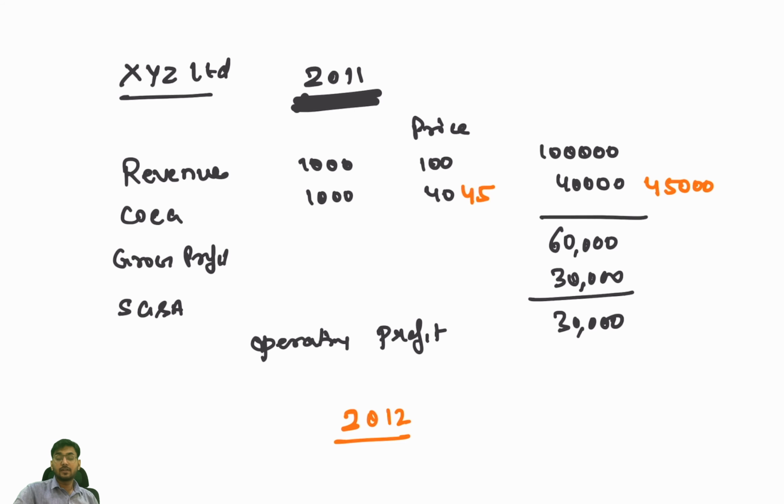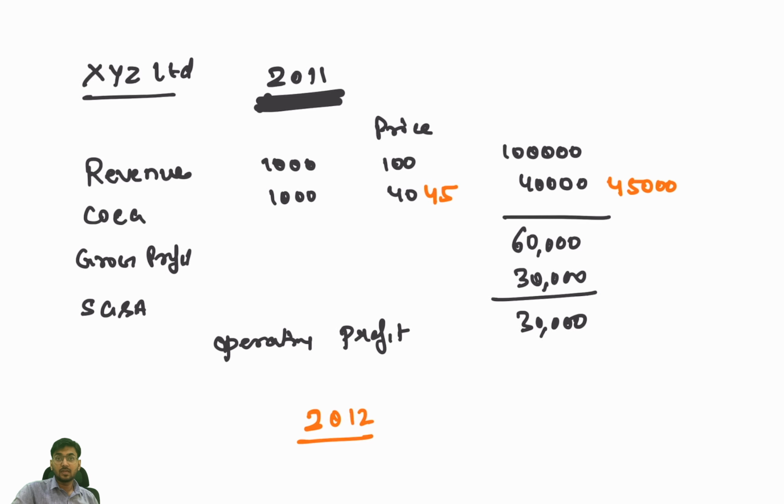Clear? Now there are three different cases. First, I have observed that there is an inflation in the input cost. Clear? Now there are different cases: A, B, C, and D. Now in the first case, the entire increase in the input cost is passed on to the customer.